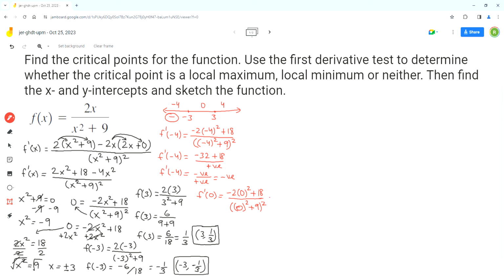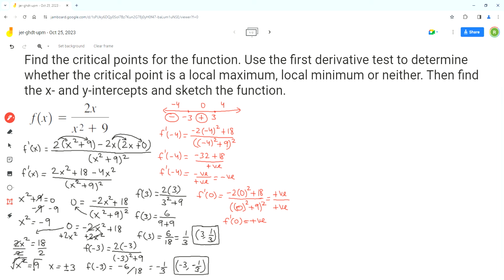So we'll get a positive number in the numerator and positive in the denominator. So that means the final answer for f prime of 0 will be a positive number. That means the function is increasing to the right side of negative 3, because we got a positive result for f prime of 0.